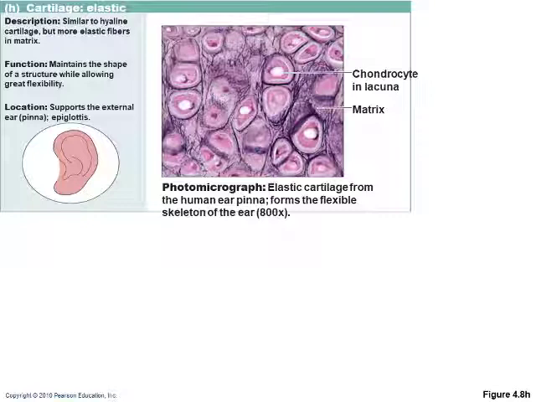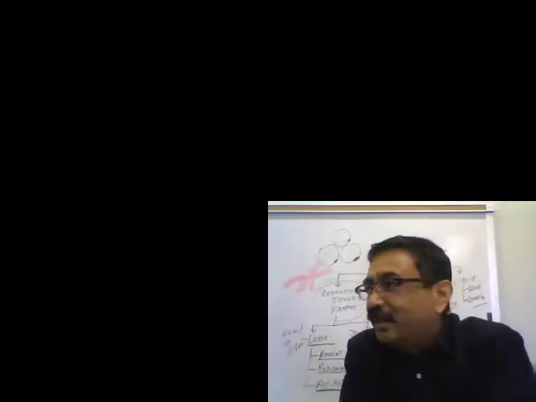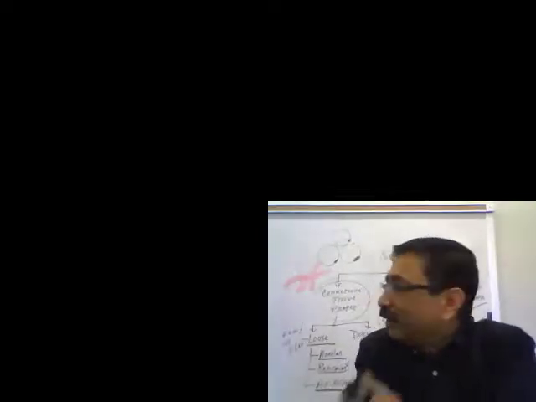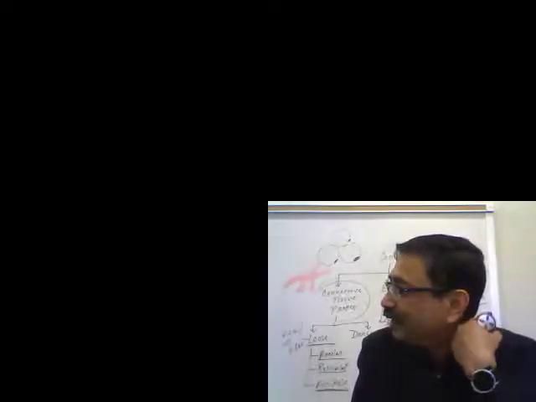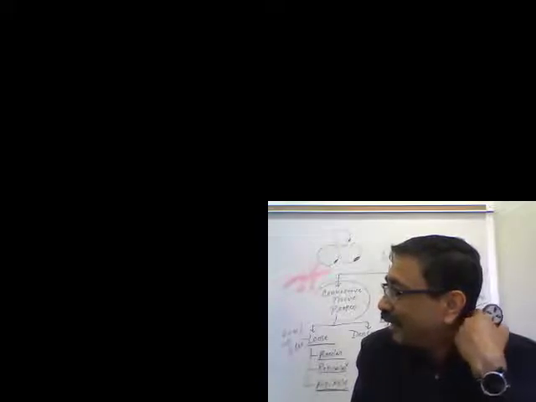Elastic fibers. You know only three types of fibers I have mentioned, right? Collagen, elastic, reticular. And this is elastic type cartilage. So what kind of fiber should it have? Elastic fibers. Make sense? So you see those thin dark lines, those are the fibers in the matrix.